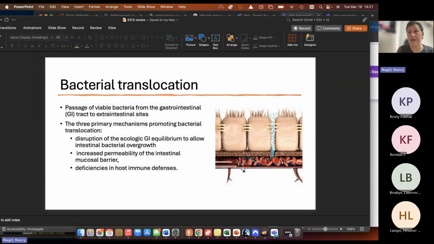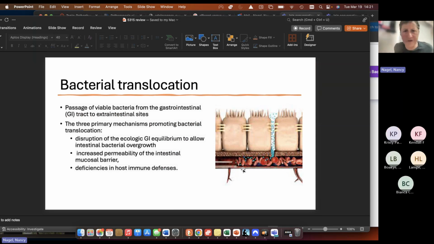Now, bacterial translocation is something else I wanted to touch upon. Normally our gut does an amazing job of keeping the bacteria exactly where it needs to be, and that's inside the gastric mucosa.